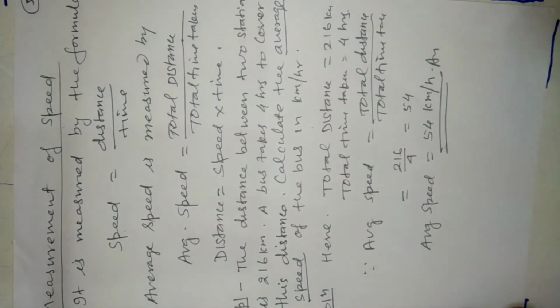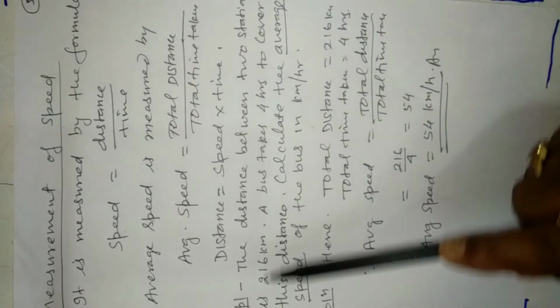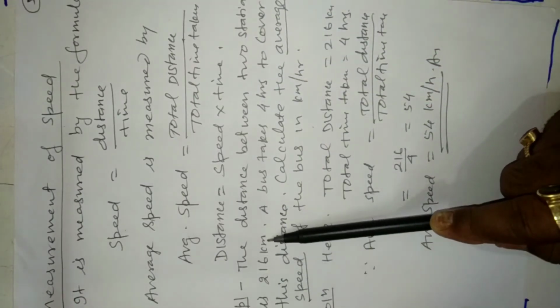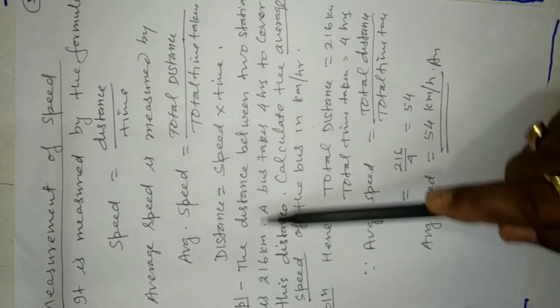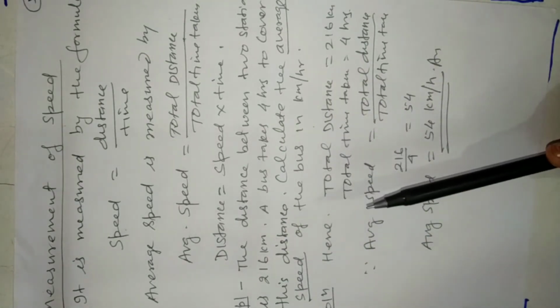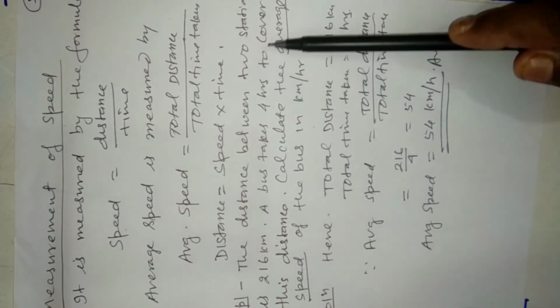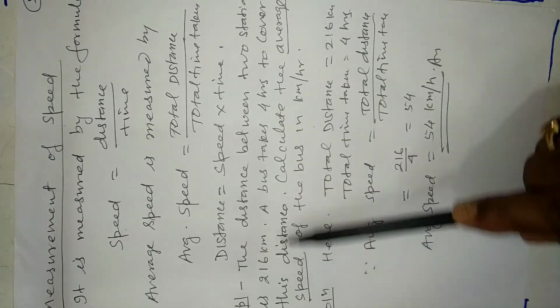And there is an example here. I have taken an example of how to calculate the speed of the body. The distance between two stations, any two stations, two bus stops or two places, is 216 kilometer. A bus takes 4 hours to cover this distance.